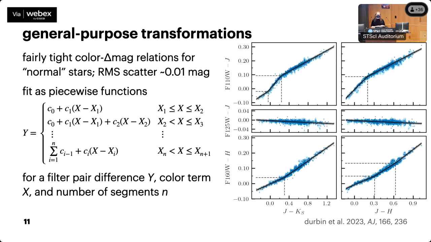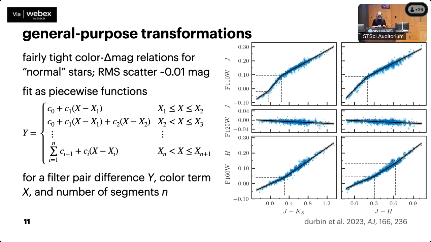The rows here are F110 minus J, F125 minus J, and F160 minus J, and the columns are 2MASS J minus KS and J minus H. In pretty much all cases, the RMS scatter around the fitted relations is in the vicinity of 100th of a magnitude, which, I mean, we're not doing things on the millimag scale quite yet, but for what this is, I think it's pretty good.